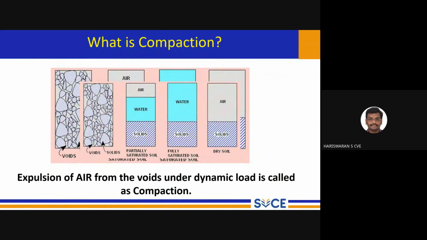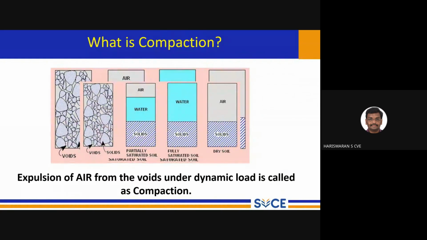If you are going to construct a road, if it is a normal flexible pavement, we are supposed to go for 4 layers, starting from subgrade, base, subbase, and the final topmost layer called the wearing course. Each layer undergoes compaction.